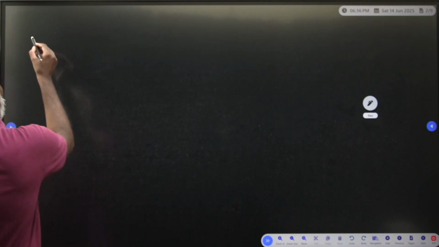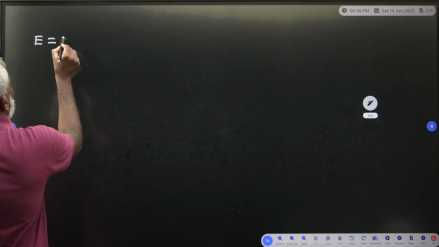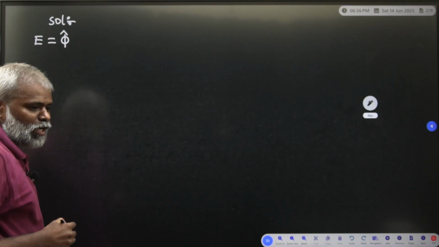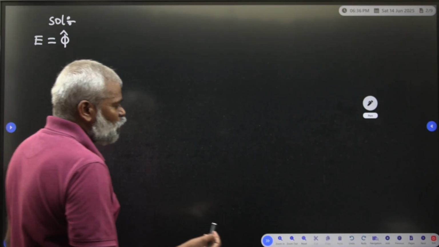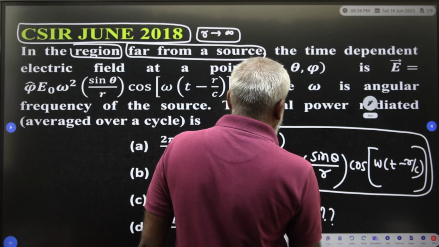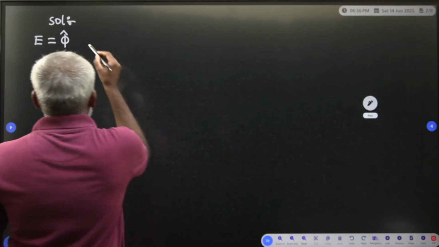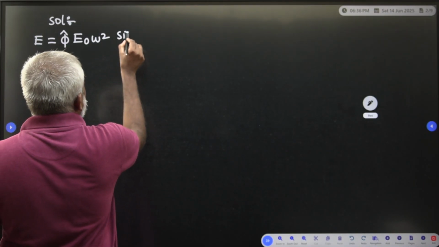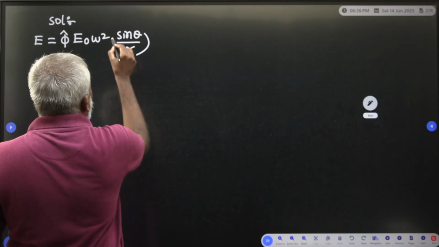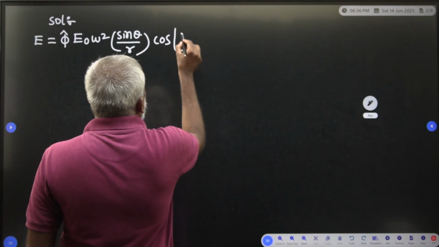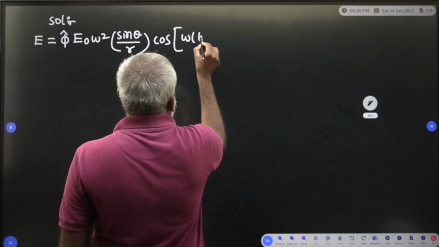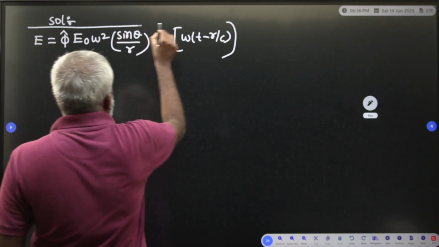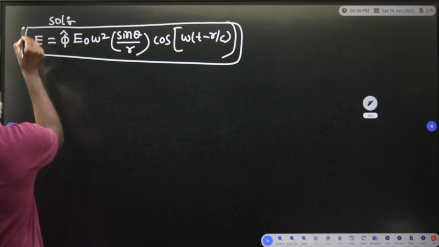Already we know that the electric field E is equal to phi cap into E naught omega square into sin theta divided by r into cos of omega of t minus r by c. This is your electric field.